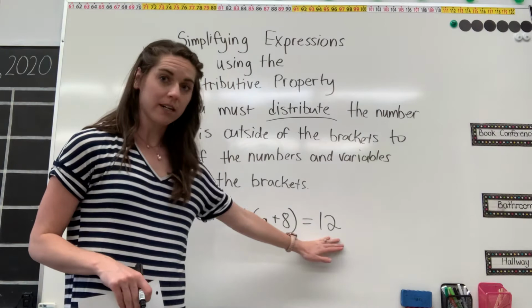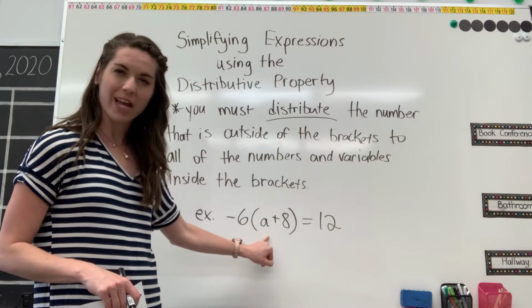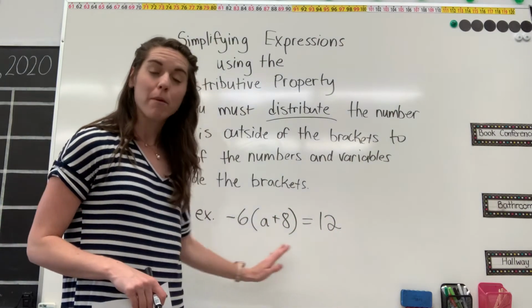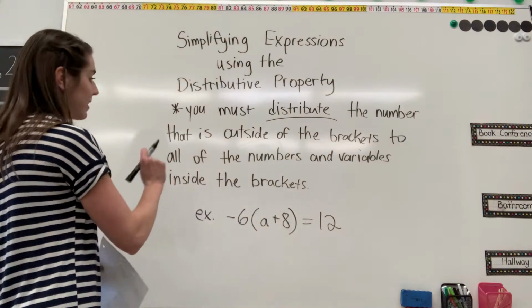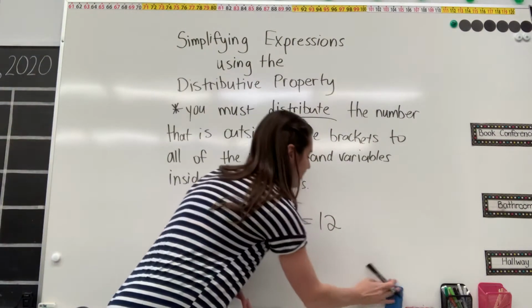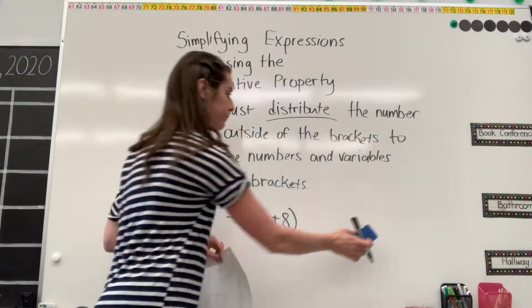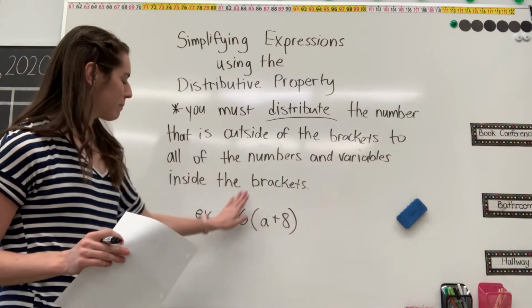If this was here, that would mean I'm solving for A, right? I have to figure out what A equals, and then when I check, I need to make sure that the two sides balance and they equal 12. But that is not what we're talking about. We are just talking about expressions right now. Okay, so this is an expression.